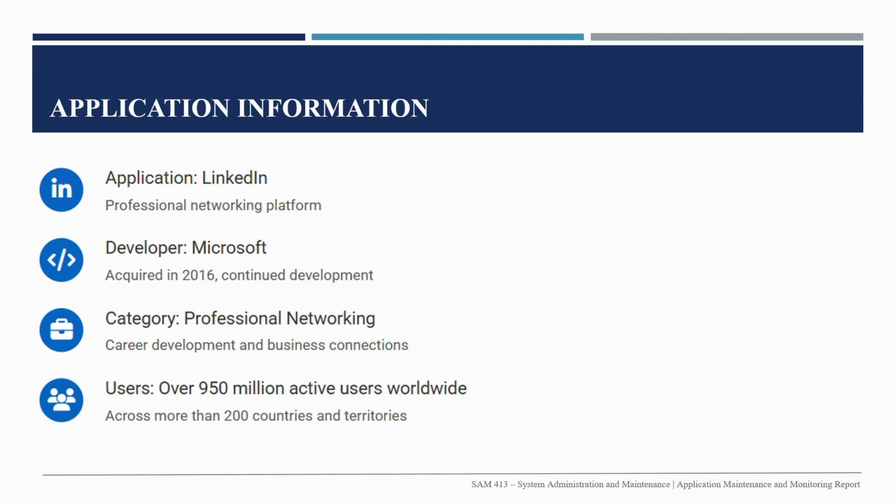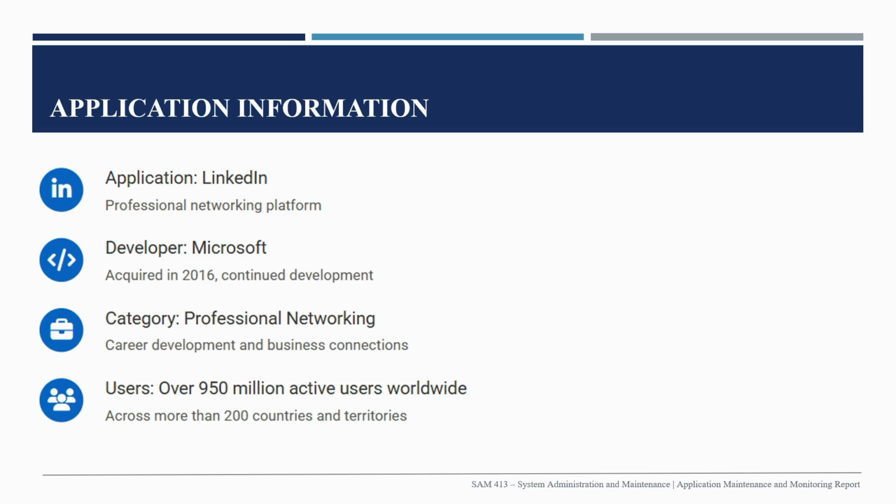LinkedIn is a cloud based, globally distributed platform that operates 24/7 across multiple data centers worldwide. From a system administration perspective, LinkedIn presents unique challenges. It handles billions of daily transactions, stores petabytes of user data, and must maintain 99.99% uptime to serve its global user base.